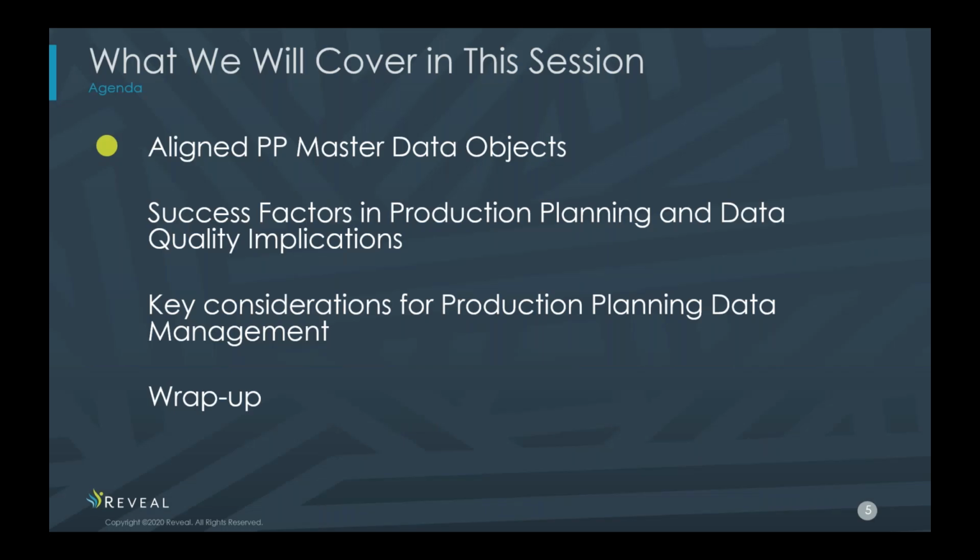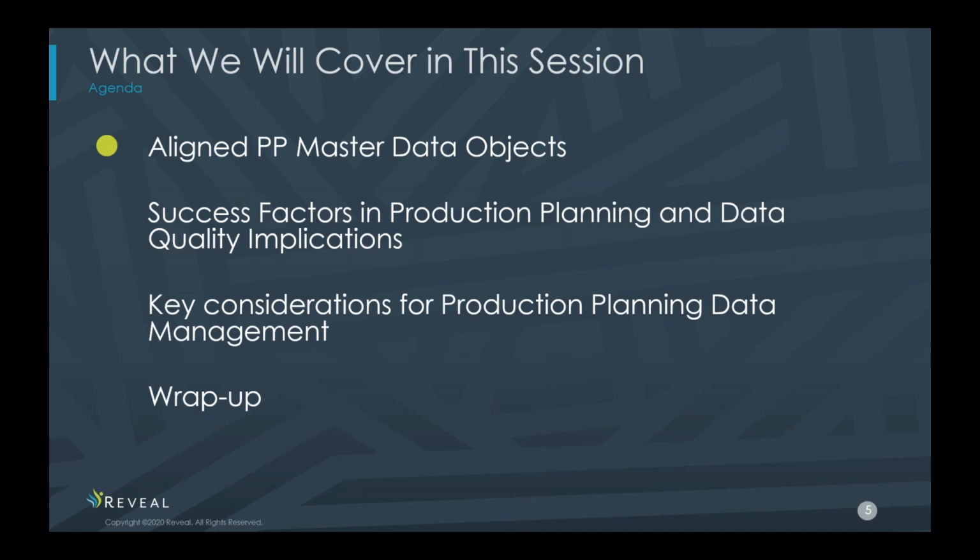What we will cover today as an agenda is to look at our aligned PP master data objects. We're going to touch on some success factors that touch on production planning and the implications from a quality perspective.